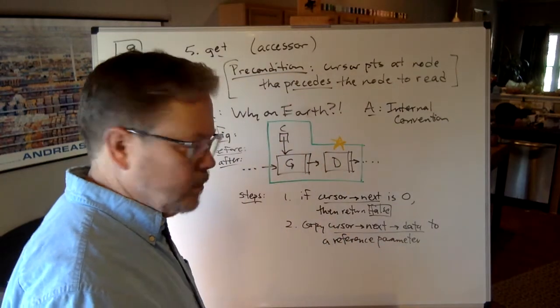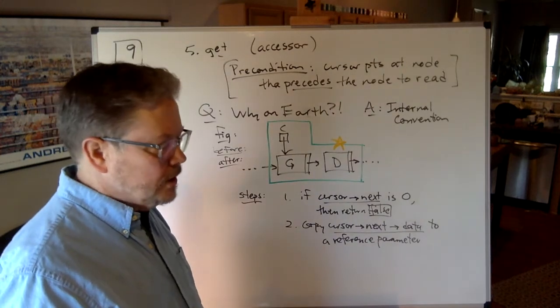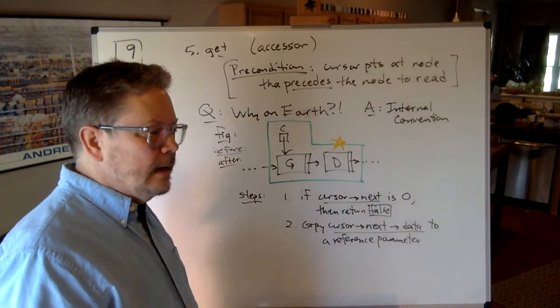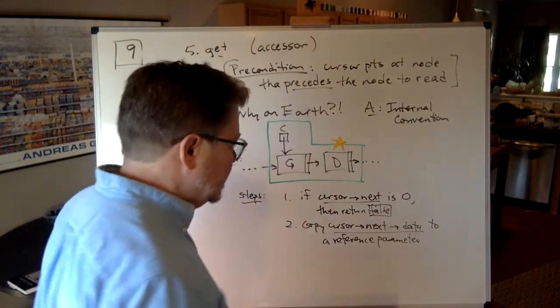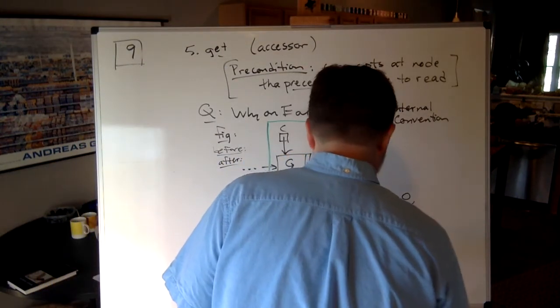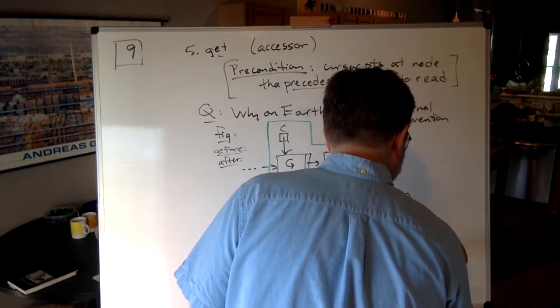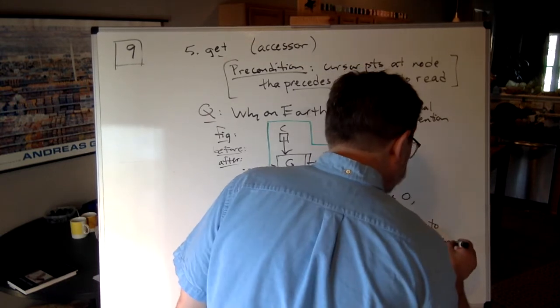It has a variable name in the header file, but I don't remember what it is. It's probably something like item. Into a reference parameter, comma, item, I'll call it.